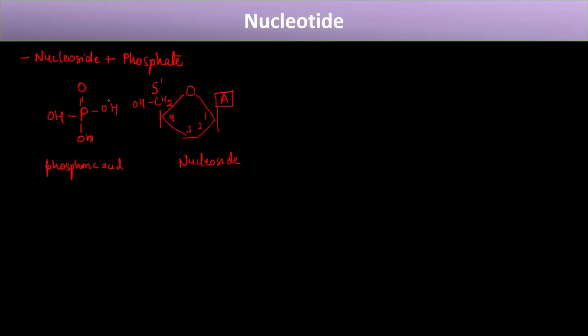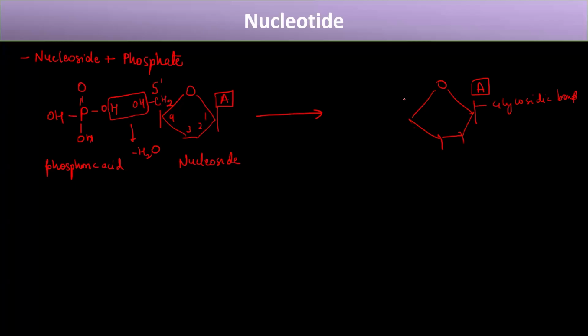Now the bond formation will take place between this H and this OH, releasing water, and the nucleotide that will form will be like this. This is the glycosidic bond that we know. And here we have CH2, O, P, O, OH, and OH. So this is your nucleotide.